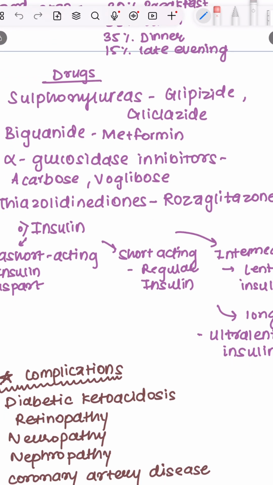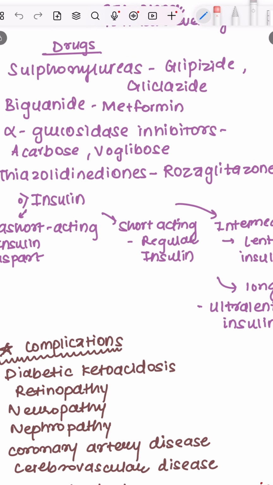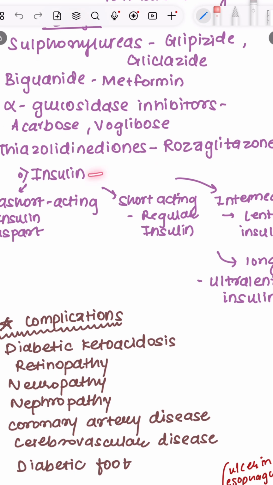When it comes to drugs, these are given in type 2, whereas in type 1 we usually provide the patient with insulin therapy. The drugs given are sulfonylureas, glipizide, gliclazide, biguanide, metformin, which is very commonly given, alpha glucosidase inhibitors, acarbose, voglibose, thiazolidinediones, rosiglitazone, and now insulin, which is given in type 1.